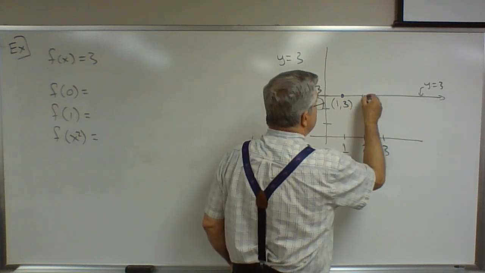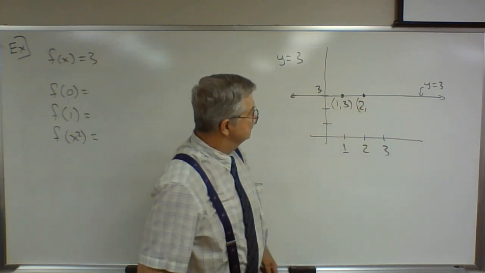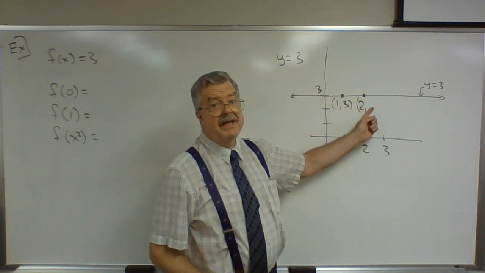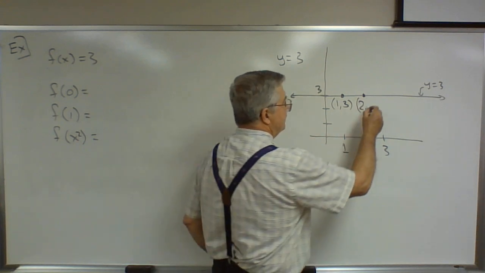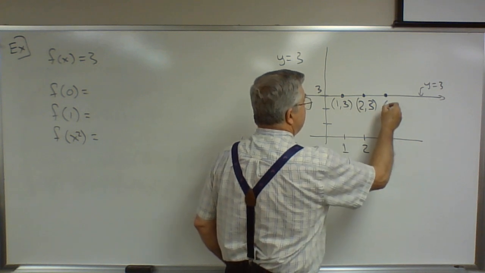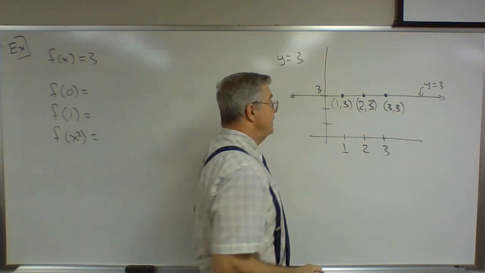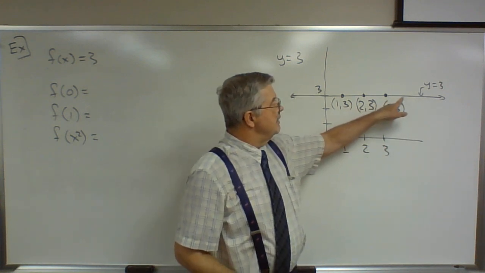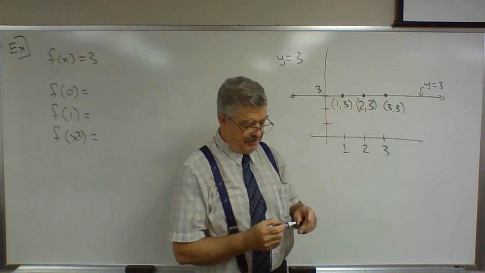X is 2. So what's the y coordinate? It's 3 again, because the y coordinate of every point on this line is 3. X equals 3. What's the y coordinate? 3, because the y coordinate of every point on this horizontal line is 3.